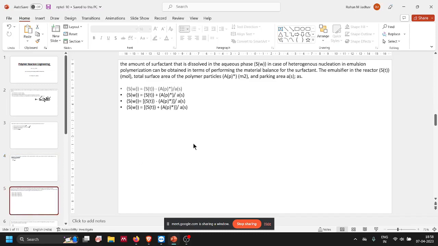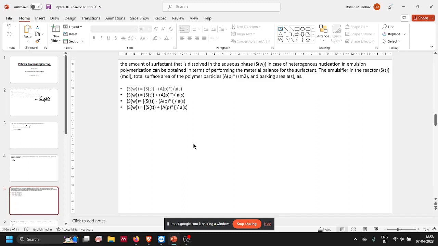Moving on, the amount of surfactant dissolved in the aqueous phase, SW, in the case of heterogeneous nucleation in emulsion polymerization, can be obtained by performing the material balance for surfactant.